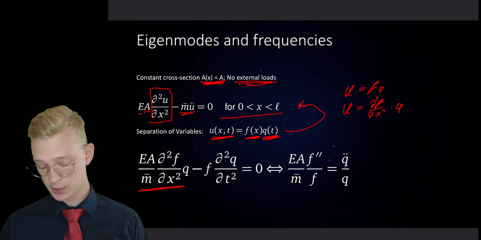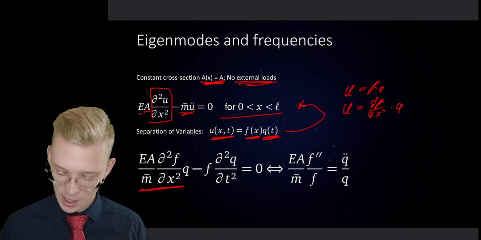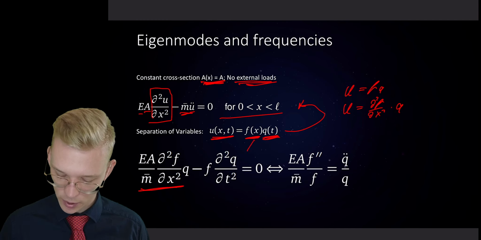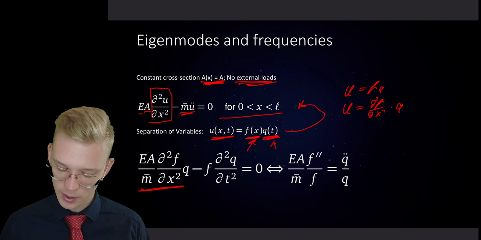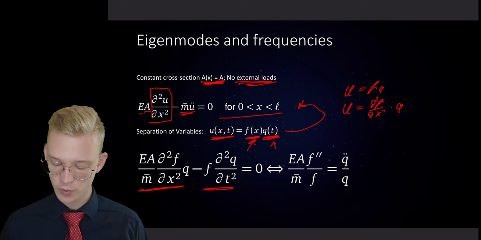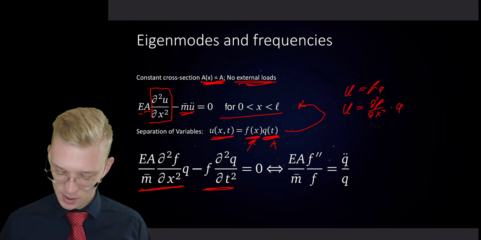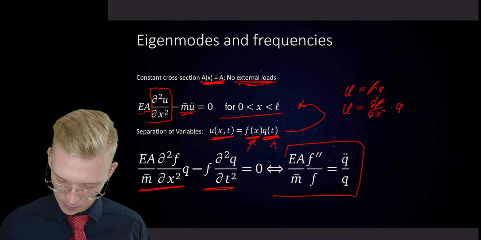The same is true for a derivative with time. So if we derive with time, we're ignoring our space function and only looking at our time function. So we're left with this one. And this is essentially equal to this function.